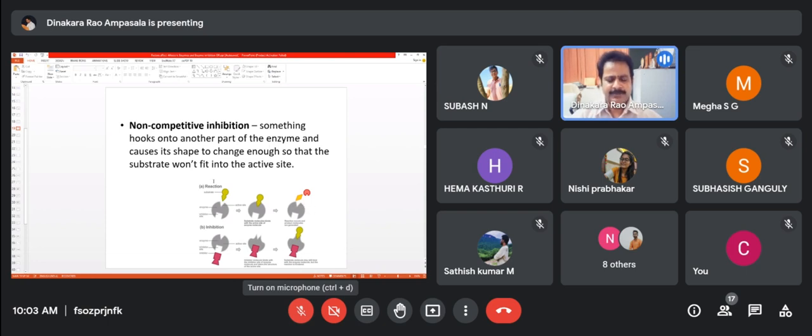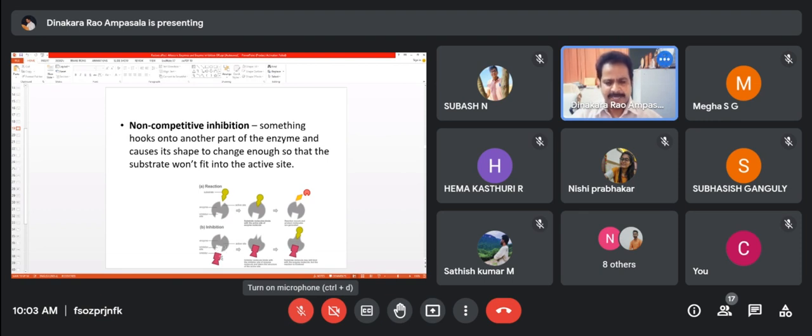Okay, so when you add non-competitive inhibitors, these inhibitors will not compete with the binding site, but they will bind to another site of the enzyme, the inhibitor binding site.